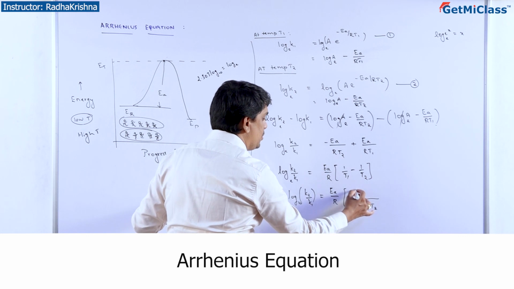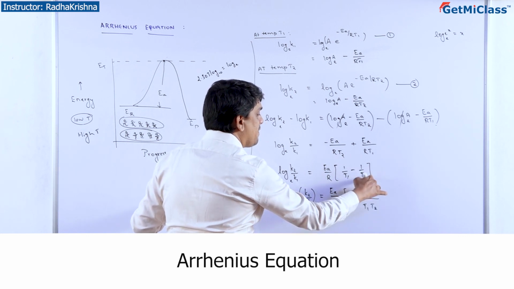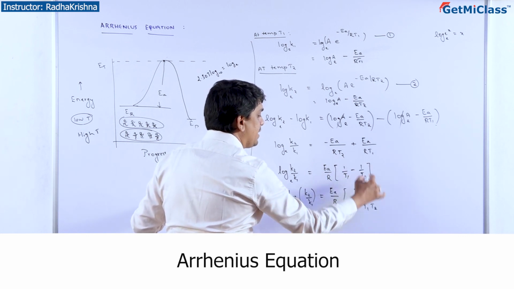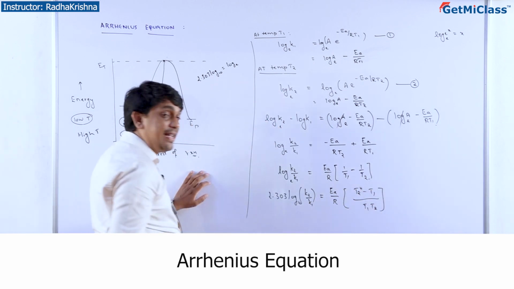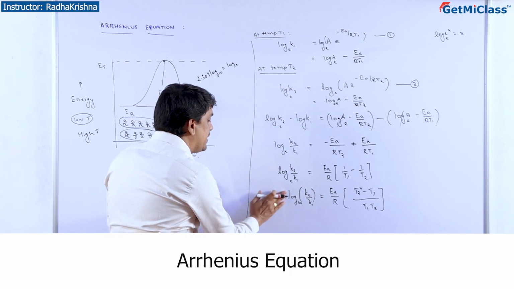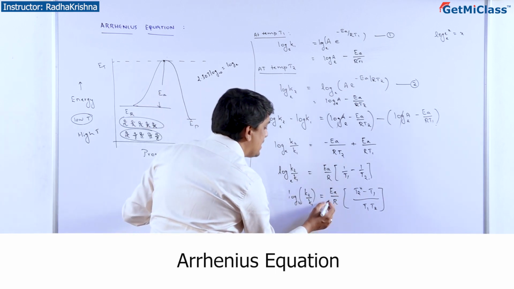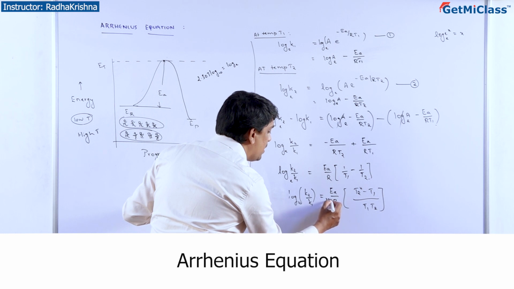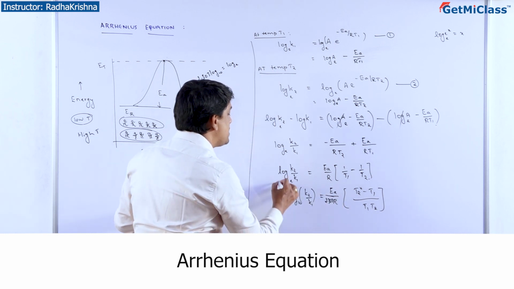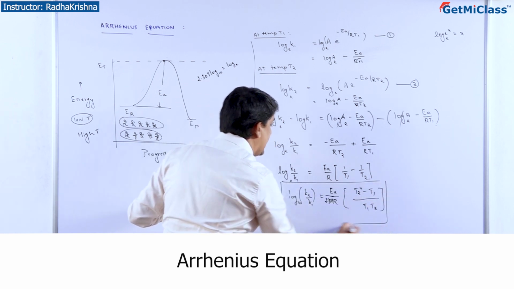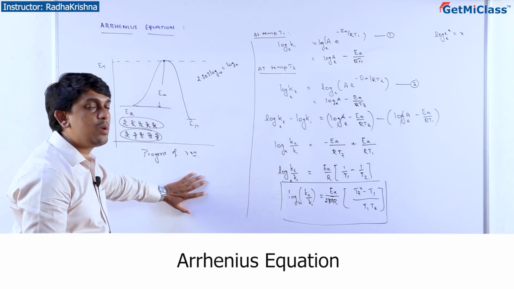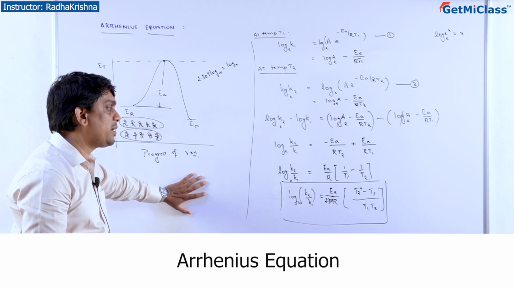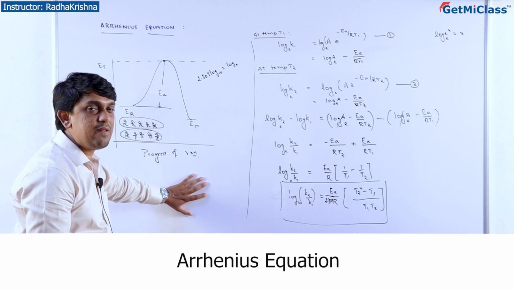In order to get T1 here, multiply T1. So this is what we get. And this 2.303, you shift it to the other side, that will go to the denominator, and this is the final expression that we get. Log K2 by K1 to the base 10 is equal to Ea divided by 2.303 R, T2 minus T1 divided by T1 into T2.